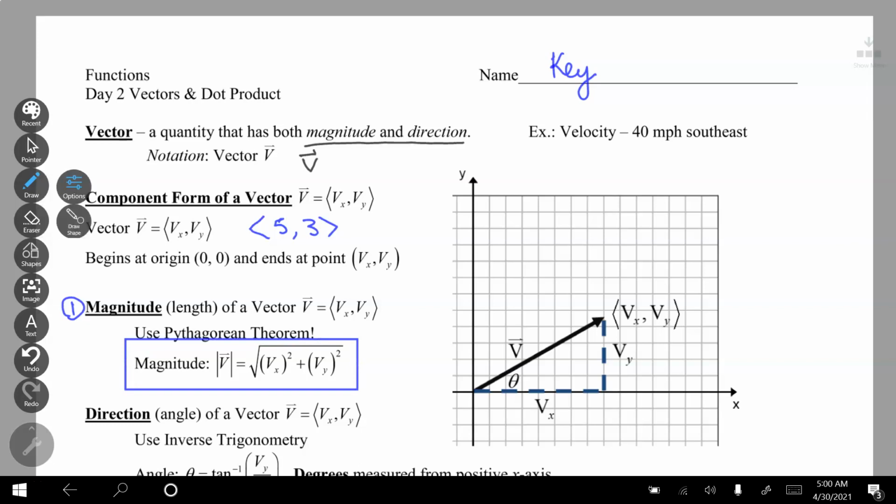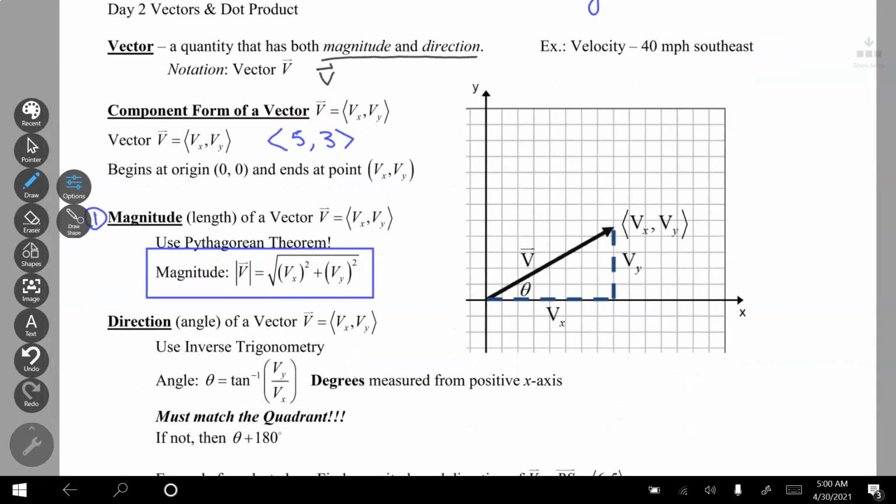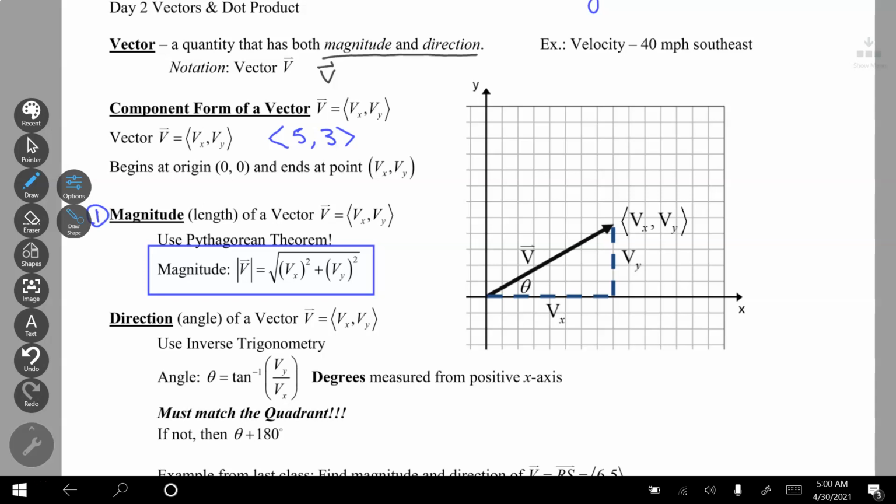And the other important component is its direction or angle, and I use inverse tangent to figure that out.